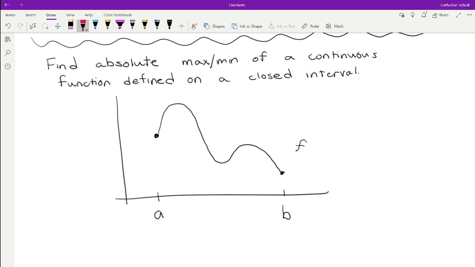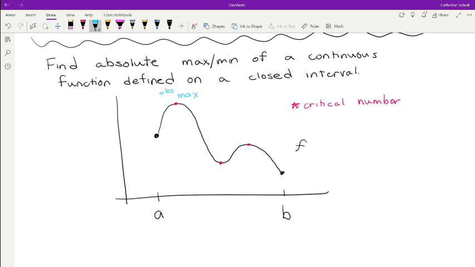So if we were looking at this graph, we see that we have these local maximums, local minimums, right? And remember, local maximums and minimums, those are critical numbers, right? So all of the local maxes and local mins are happening at the critical numbers. Okay, and then of the critical numbers, this is actually our absolute max up here.